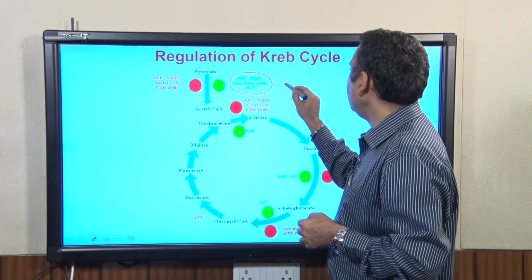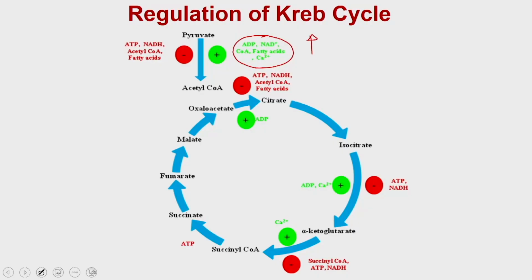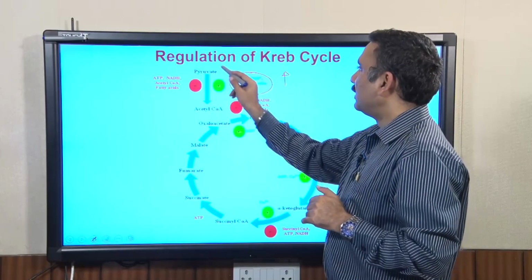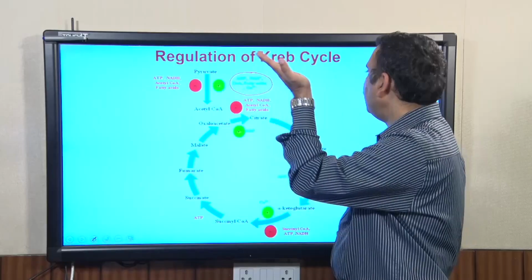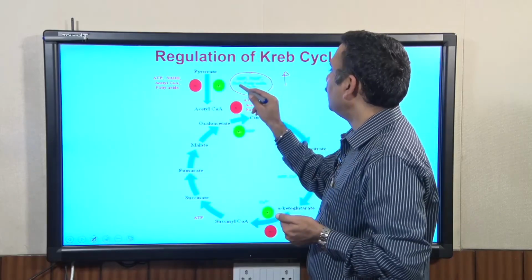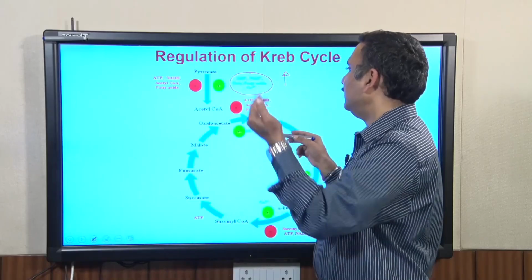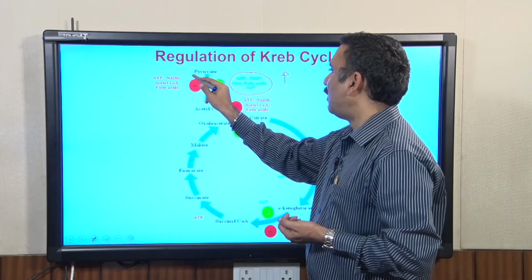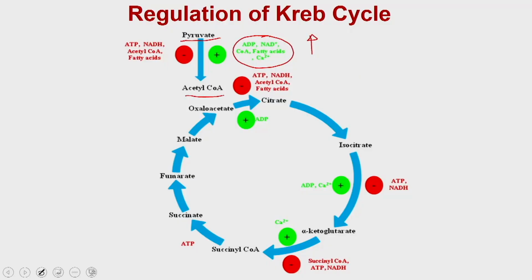If there is an increase in the level of NAD plus or ADP, it means the cell has less energy, which means you need to run the Krebs cycle to produce energy. So, these factors are going to enhance the activity of the enzyme which catalyzes the conversion of pyruvate to acetyl CoA.